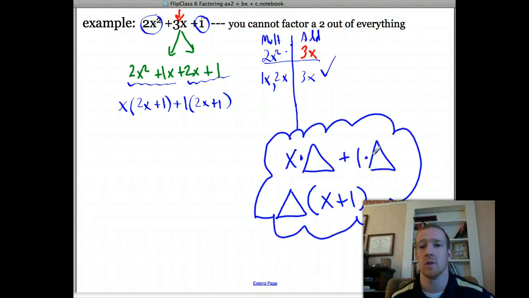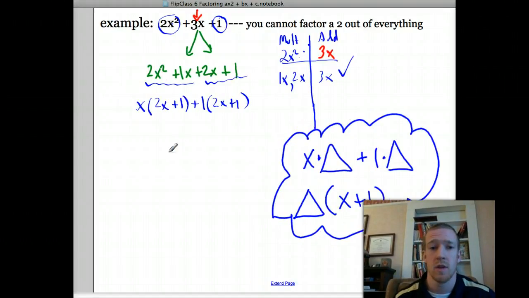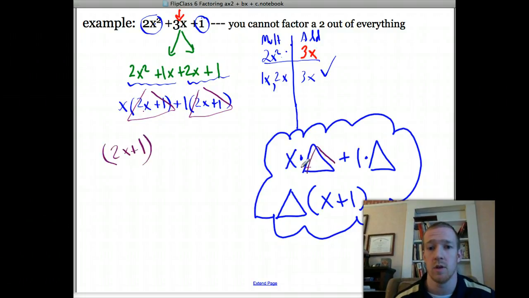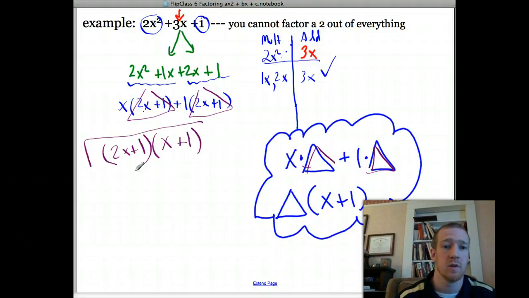X times something plus 1 times something, we can undistribute it or factor it out. It just so happens that our triangle is a packet of variables and numbers. This is what I'm undistributing. So I'm undistributing the 2x plus 1, just like I undistributed here, and that leaves me with an x, plus 1. And now this factors. We're done.